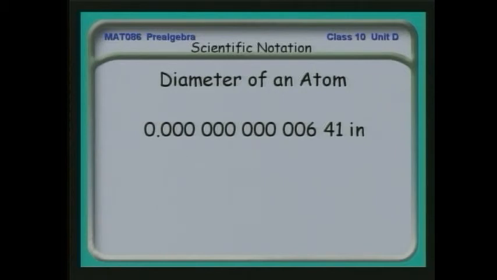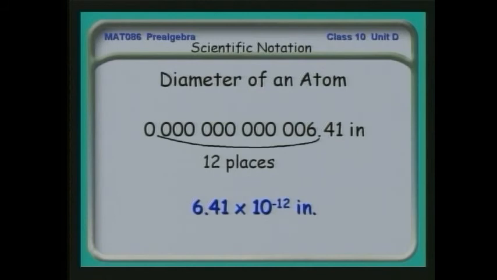What I need to do is, starting at the decimal point, count back until I have a decimal point between the 6 and the 4, because I want to represent it as a number between 1 and 10. I count back to there and I find 12 places. Since I'm counting smaller, I can represent that as 6.41 times 10 to the minus 12 inches.